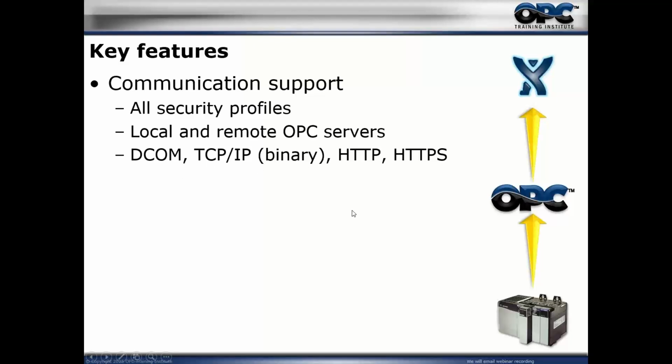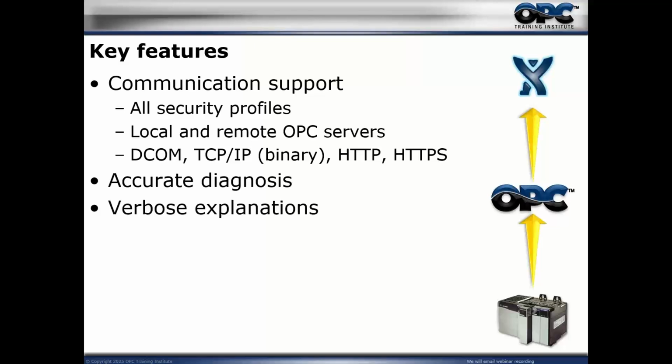With OPC UA, all of your connections, you can test them with OPC Expert, and it will diagnose your connections. You'll get very accurate diagnosis and verbose explanations that I will show you in a little bit. And of course, you can connect to third parties as well.